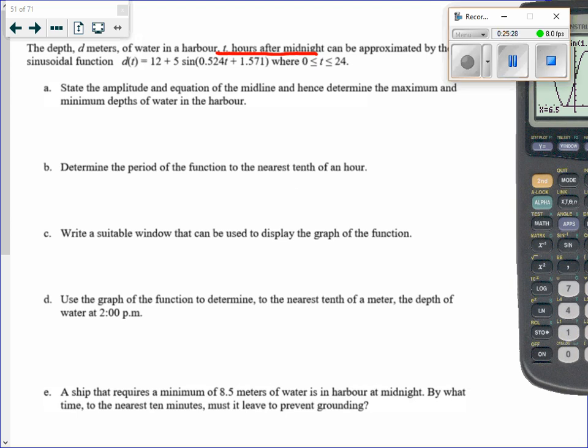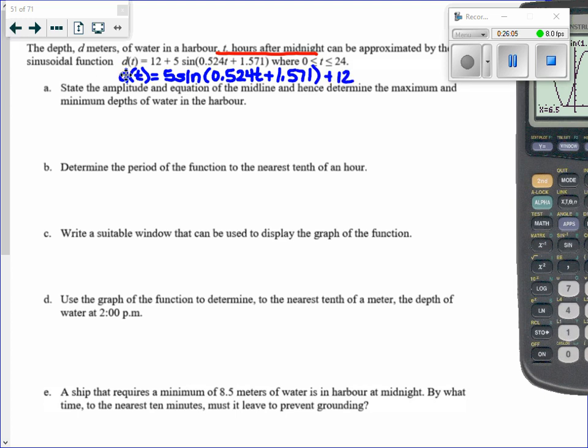And then the question says, state the amplitude and the equation of the midline, and from that information determine the maximum and minimum depths of the water in the harbor. Well, right now, when I look at this equation, it's kind of in mixed up order, isn't it? I know this is not the standard form, so the very first thing I would do is rearrange this equation so that it is in standard form. So we need to see 5 sine, 0.524 t plus 1.571 bracket, and then that plus 12 at the end.